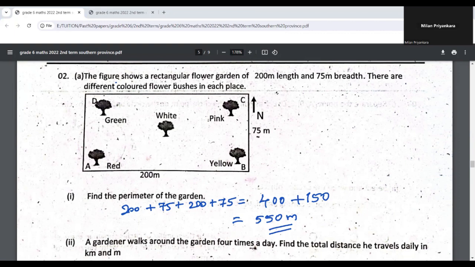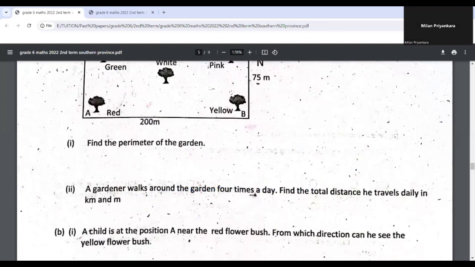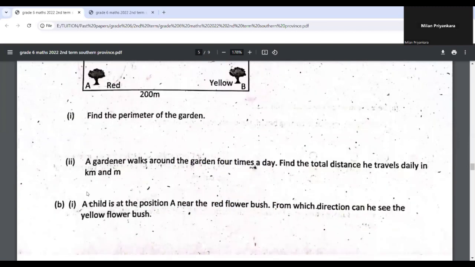And a gardener walks along the garden 4 times a day. Find the total distance he travels daily in kilometers and meters. For that, the perimeter is 550 meters. If he walks one time, he walks 550 meters.